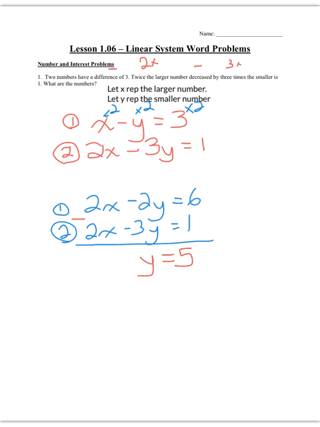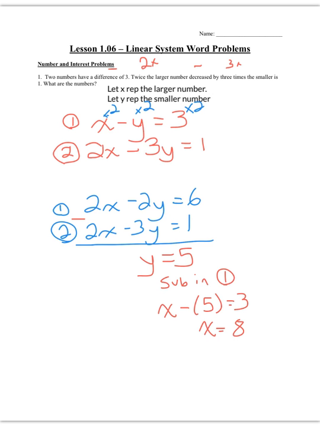Now to find the other variable, we're going to sub this into either 1 or 2. I'm going to use number 1 to find x. So I have x minus y equals 3, with y as 5, and you're going to get x equals 8.